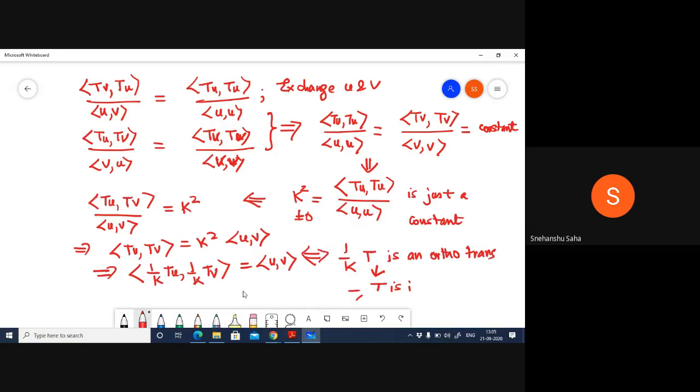So 1 over kT is invertible, right? And since k is a scalar, this implies that T is also invertible. I wanted to give this as an assignment, but then I thought that this would be too hard as an assignment problem, so I decided that I solve it.